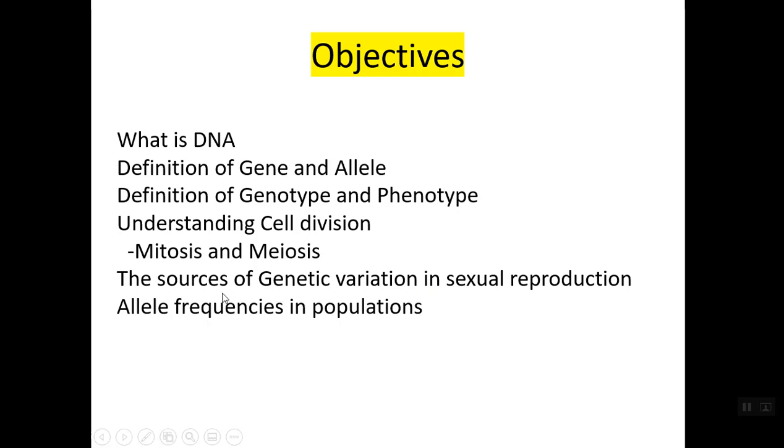And ultimately, all of these points are in preparation for understanding how allele frequencies behave in populations. Remember that in this course, what we really aim to understand is how evolution works and therefore how populations evolve.